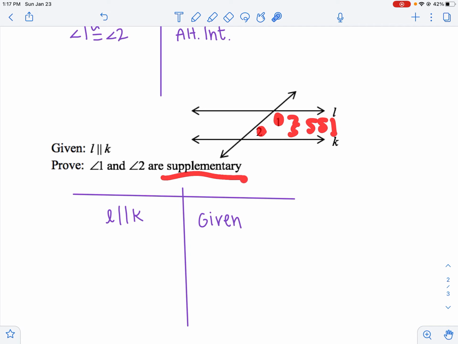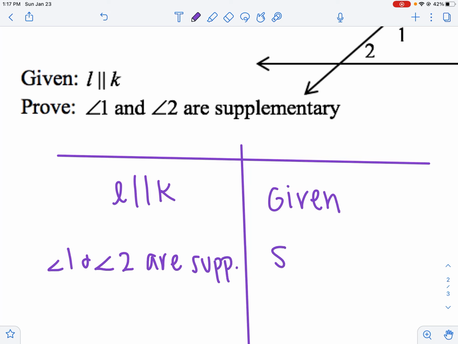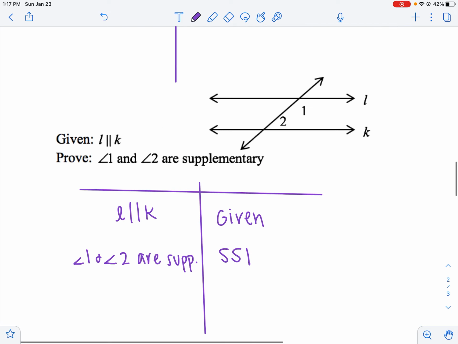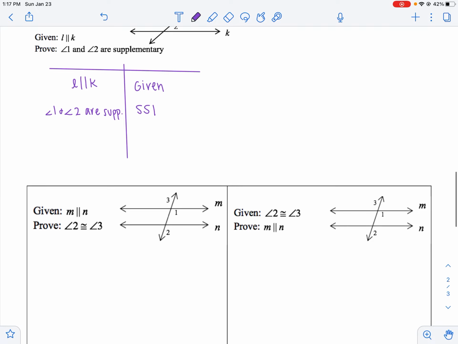Well, those are same side interior, and those angles are supposed to be supplementary. So, yeah, I can say that angle 1 and angle 2 are supplementary. What's my reason? Because they were same side interior, and those angles are supposed to be supplementary.